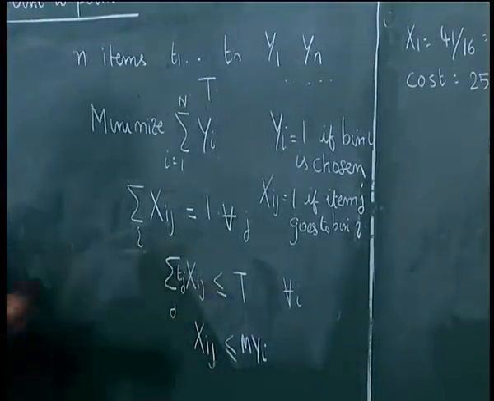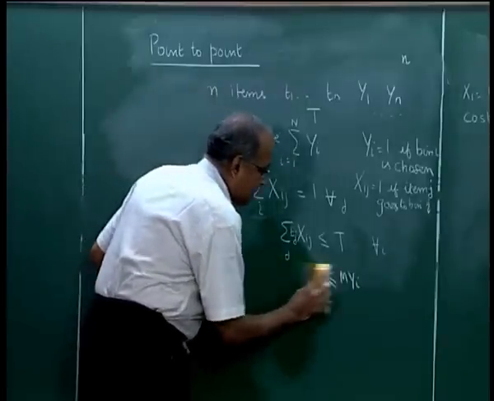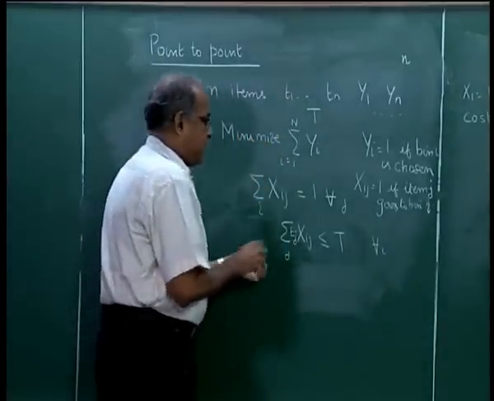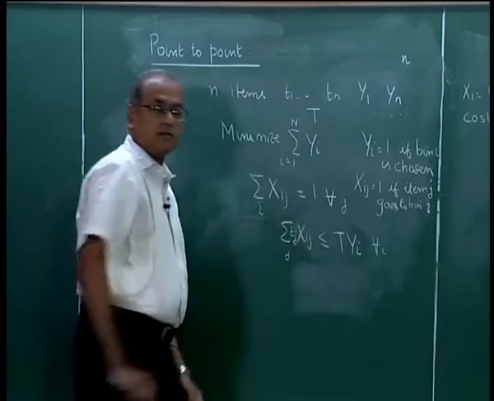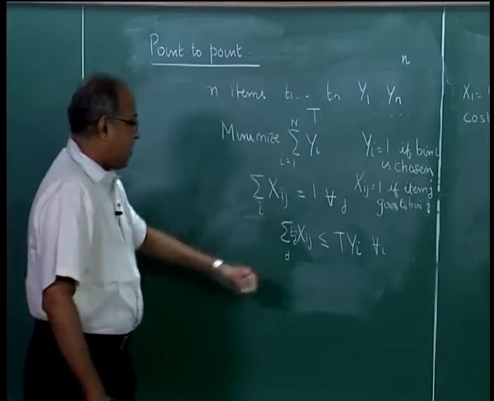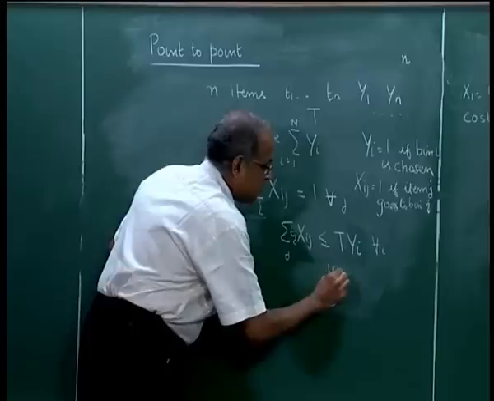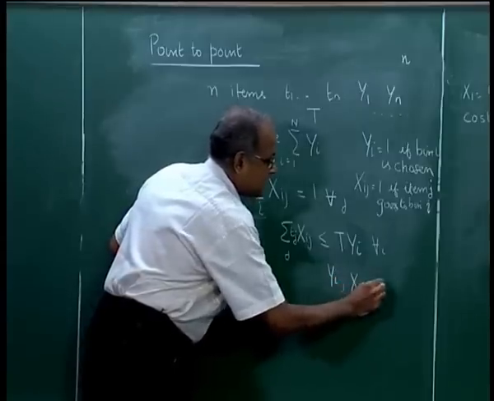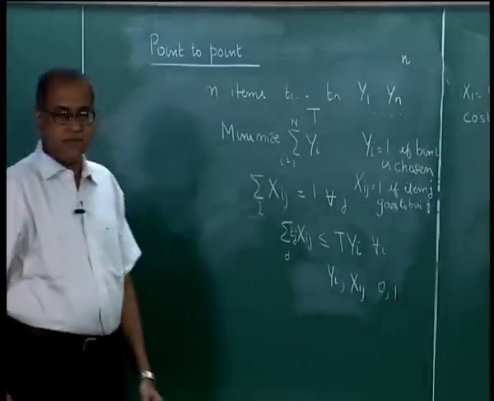Now, this has more constraints. So, this constraint can be eliminated by simply putting t into yi. Now, this is the formulation of the bin packing problem. So, both yi and xij's are binaries.